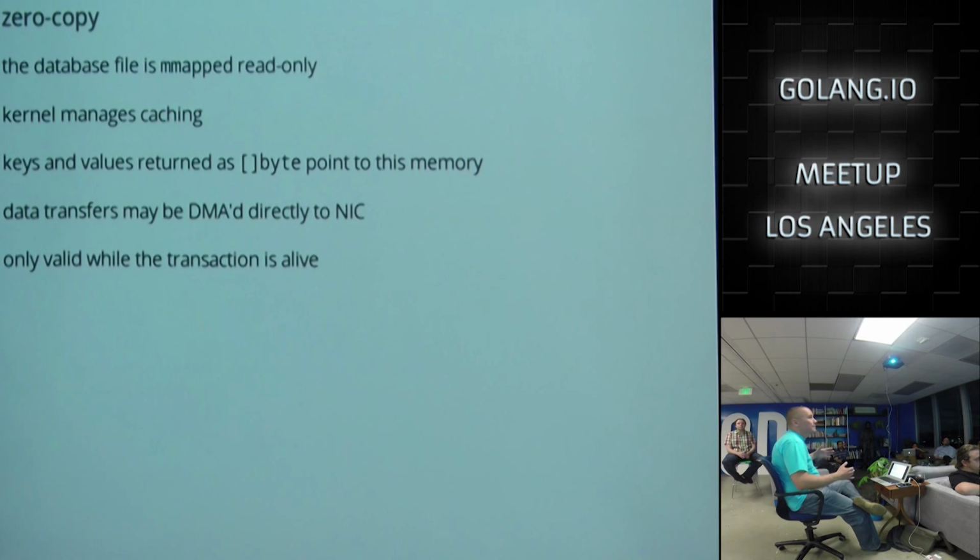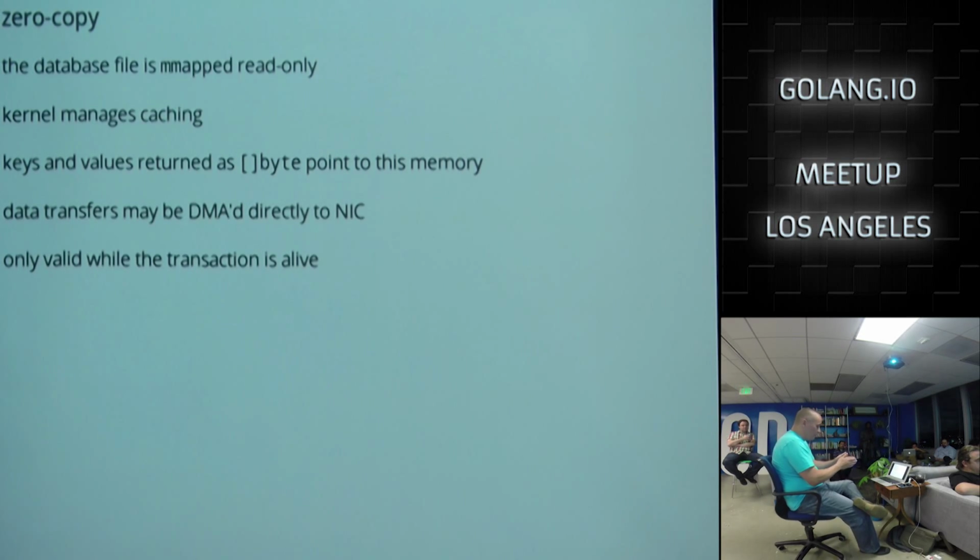And this is why it's so clearly aimed at read-heavy workloads, because it just finds the right location in the memory and reads it. And when it hands you back a byte slice, as in here's the key, here's the value, those byte slices actually point to the M-mapped memory. So it doesn't even need to allocate memory for those operations.